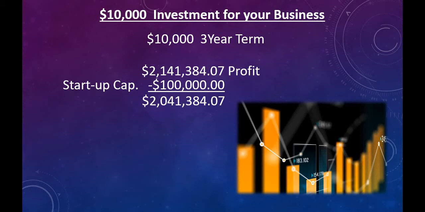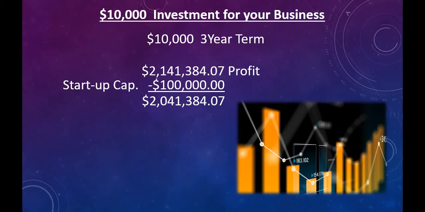Ladies and gentlemen, with a $10,000 investment, that's $5,000 in probably 4 months, and then another $5,000 another 4 months. That's still in 1 year. So in 1 year, you can save up your $10,000 and start compounding.